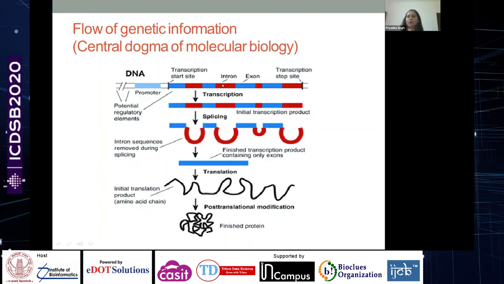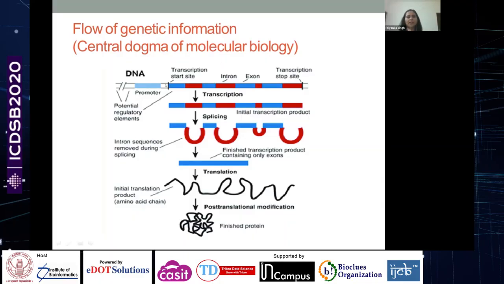There are also intervening, non-protein coding regions, which are called introns. Initially people thought that introns were junk DNA because they do not code for any protein. But now we know that introns also play a very important role in the regulation of genes. They are not there just like that. There is a purpose that we have introns in our genetic material.